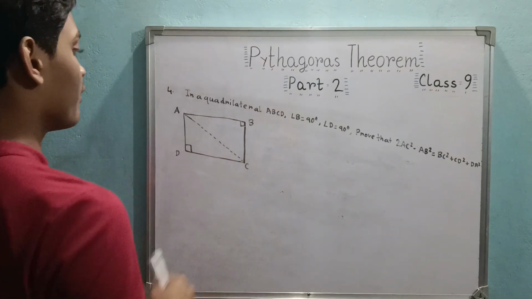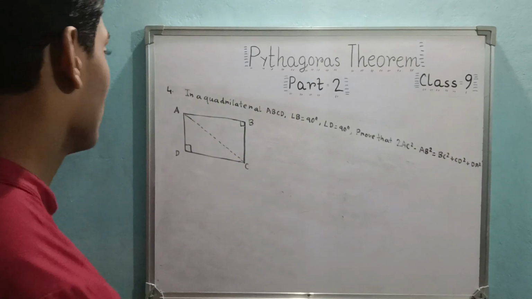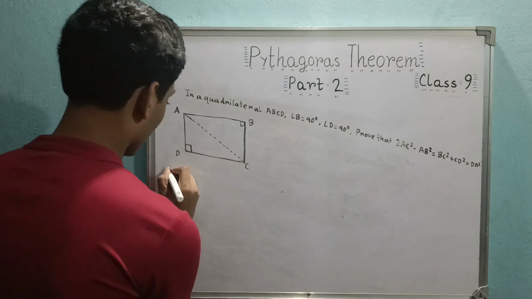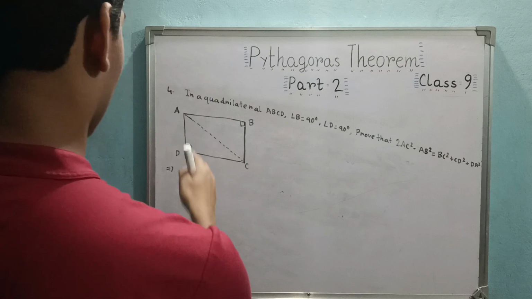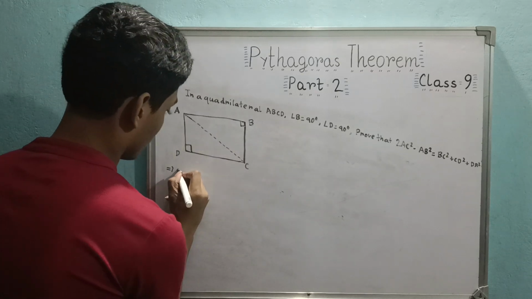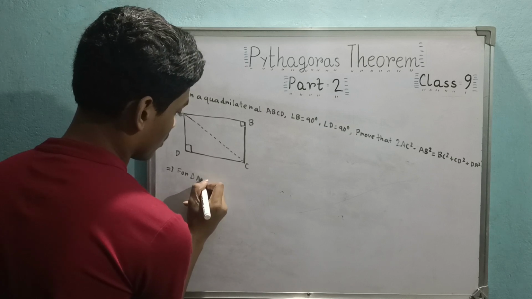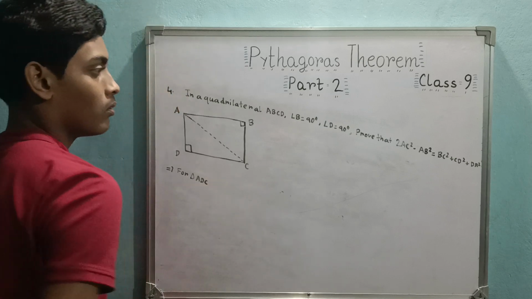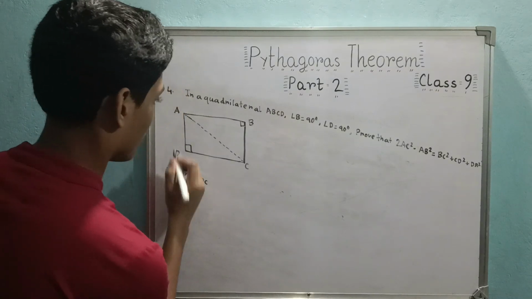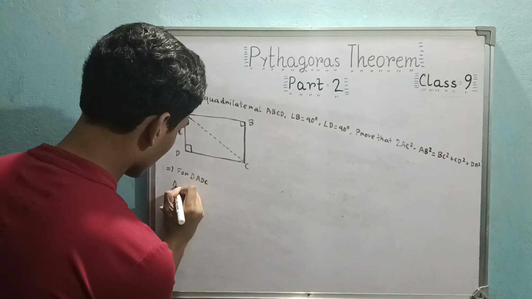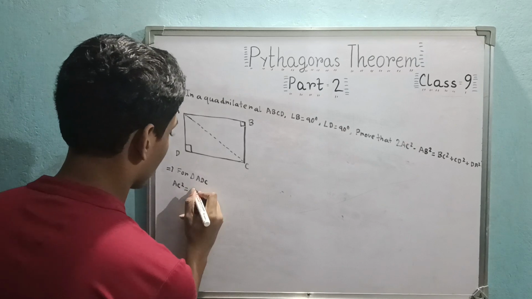ADC and ABC. So let's do for them what we have to do, Pythagoras theorem. Here for triangle ADC, hypotenuse AC square will be equal to AD square plus CD square.